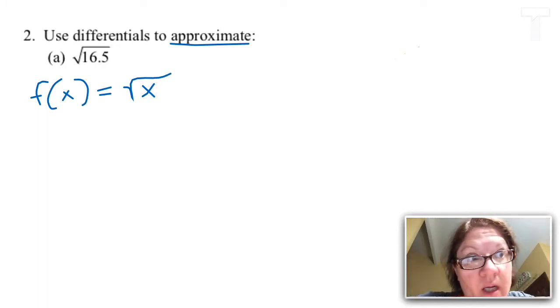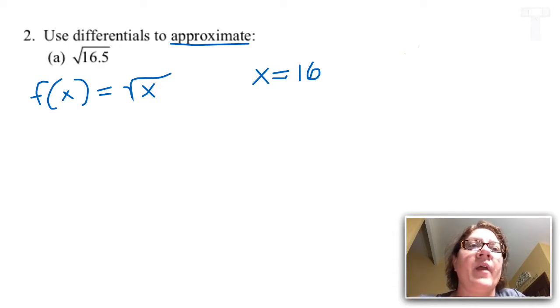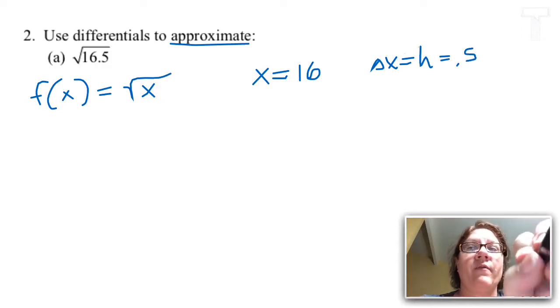I was hoping that I could plug in something that I knew the square root of, but 16.5 clearly I don't. But what I could say is, ooh, I do know the nearest number, which is square root of 16. And then the amount of change, I could call it delta x or h, would be 0.5. So the amount I've moved away from x is 0.5.